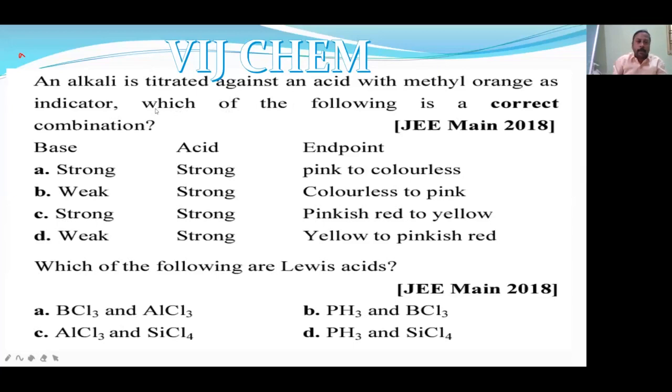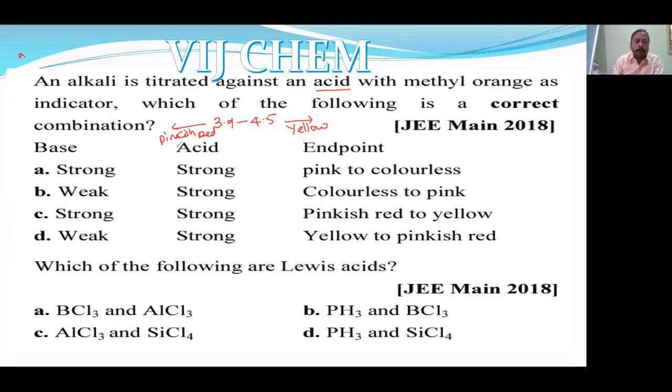Next question. An alkali is titrated against a strong acid with methyl orange indicator. Which one of the following is a correct combination? Acid is strong and the end point is with methyl orange indicator. Here you are given with the acid.